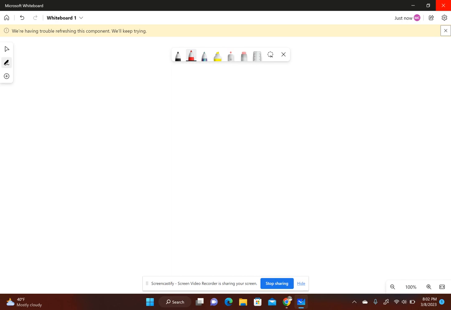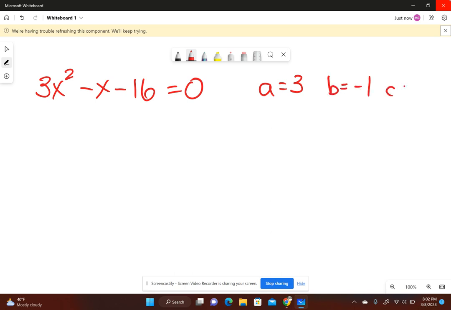Now let's look at number 3. Number 3 is 3x squared minus x minus 16 equals 0. Again, let's identify A, B, and C. We plug it in, x equals negative b, the opposite of negative 1 is 1, plus or minus the square root.